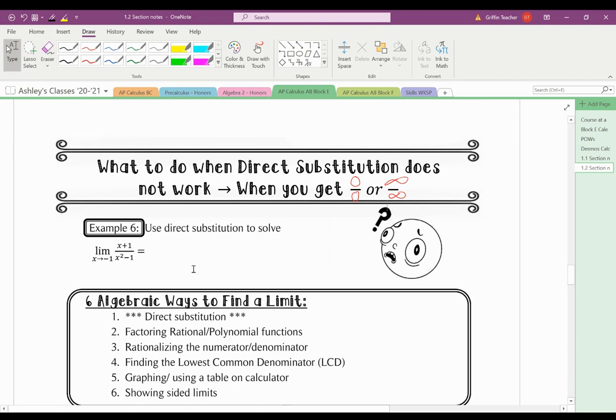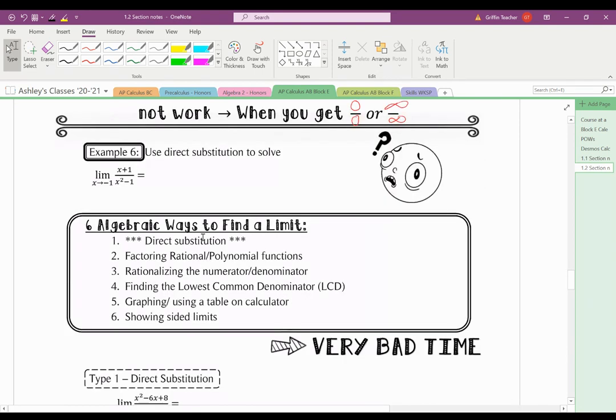So reviewing example 6 before I just crush your souls, we are going to show that we can use direct substitution here. So I'm going to plug -1 in and just see what we get. So if I take the limit, and again, I'm using my limit properties here, so I'm going to separate my 2 problems.